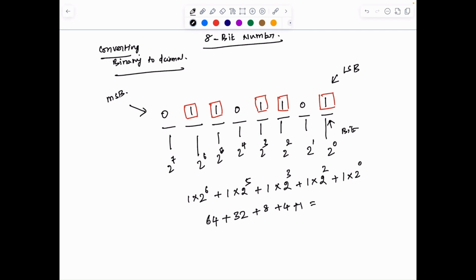So the value here is 101 as a decimal number.